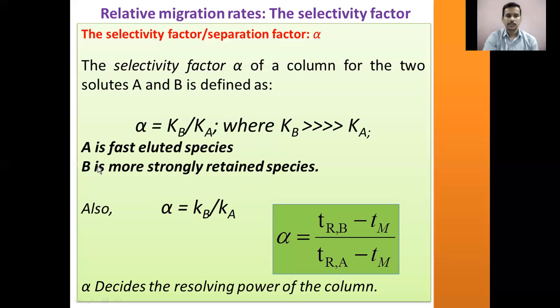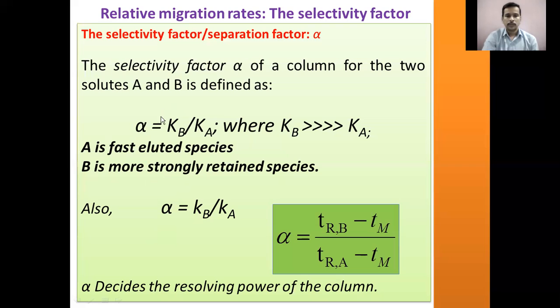When you introduce the solutes A and B into the chromatographic column for the separation process and record the chromatogram, the first peak will be for A because it is the fast eluted species. And the second peak will be solute B because it is the strongly retained species. So this species will have more residence time when compared to that of solute A, because solute A is moving faster and solute B is moving slowly.